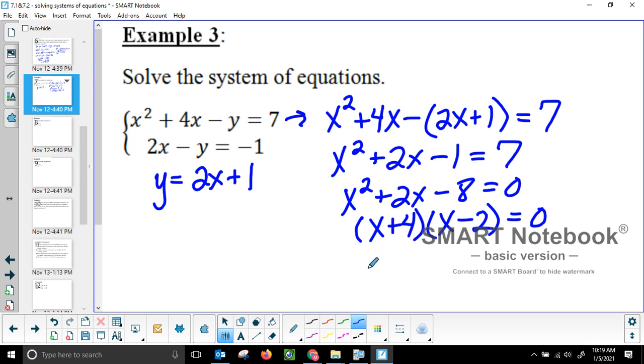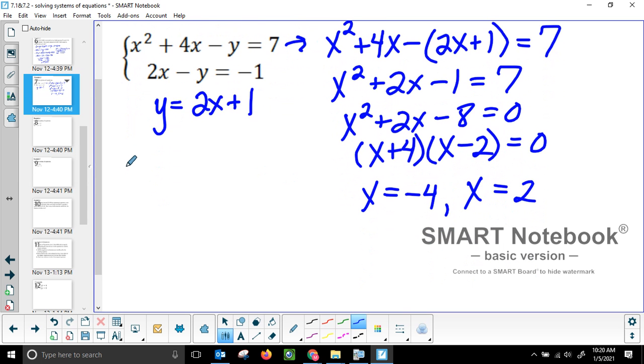So when you set each of those equal to 0 and solve, you get x is equal to negative 4 and x is equal to 2. All right, so now we want to plug each of these into y.